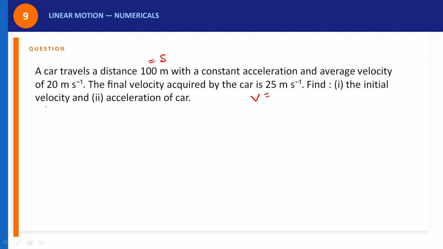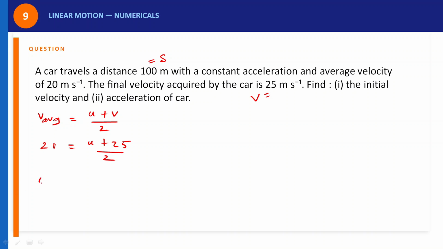Let's find the initial velocity first. Average velocity can be written as v average equal to u plus v by 2. This is the average velocity formula when the body covers equal displacements in equal times. 20 equal to u, we don't know, plus the final velocity 25, divided by 2.